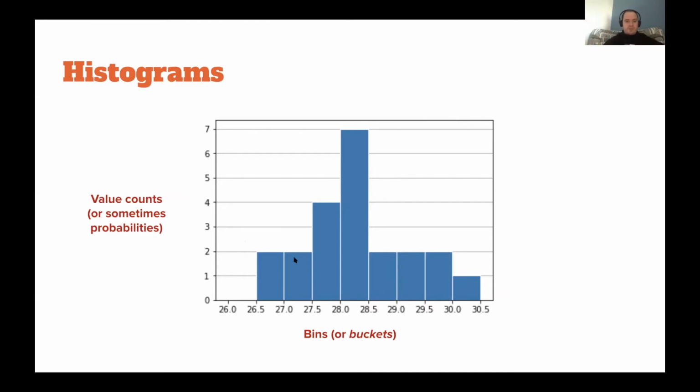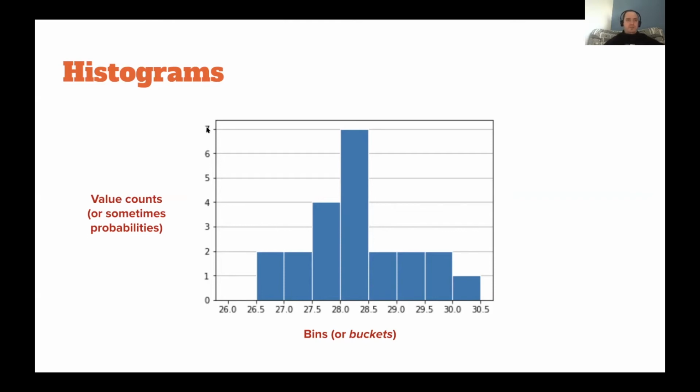So for example, in this case, since we have 22 data points, then here, instead of 1, you would see the probability that is equivalent to 1 divided by 22. So 1 part of 22. Then this would be like 2 parts of 22, 3 parts of 22, 4 parts of 22, and so on.